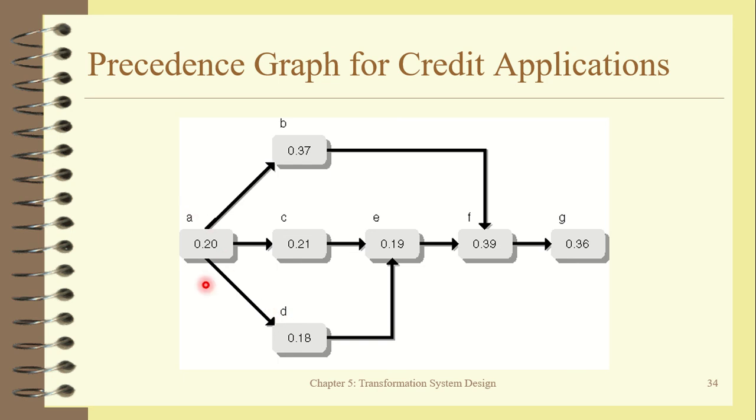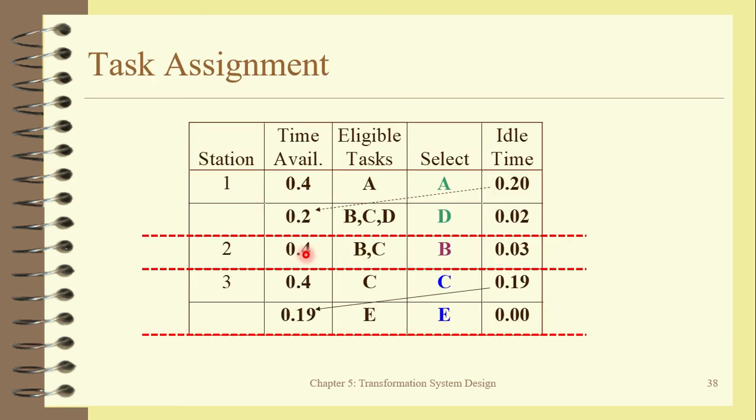If you move 0.02 here, the eligible tasks still, okay? You delete A, you delete D, right? E cannot be started because E requires C. So the eligible tasks are still B and C. And because the task time for B and C is more than 0.02, the remaining time of the workstation, you cannot do anything with this workstation anymore.